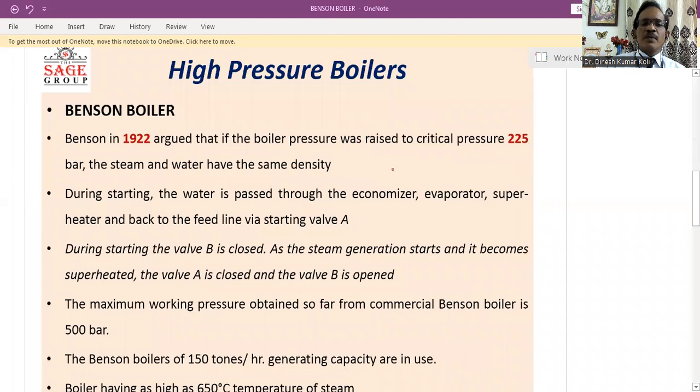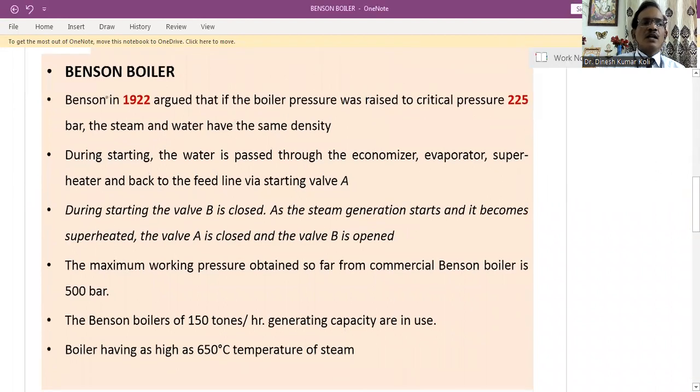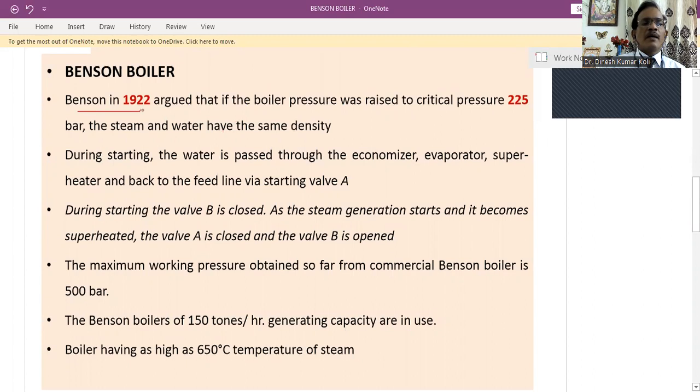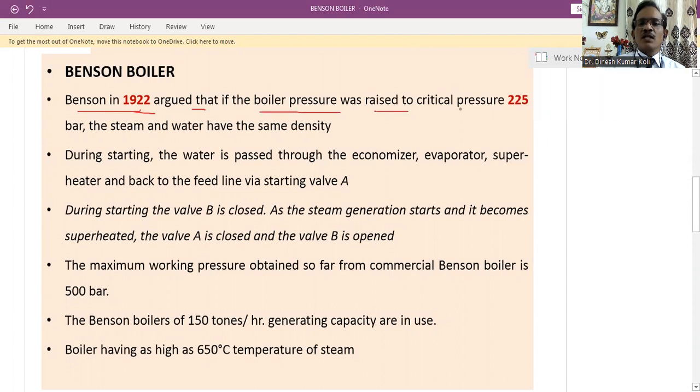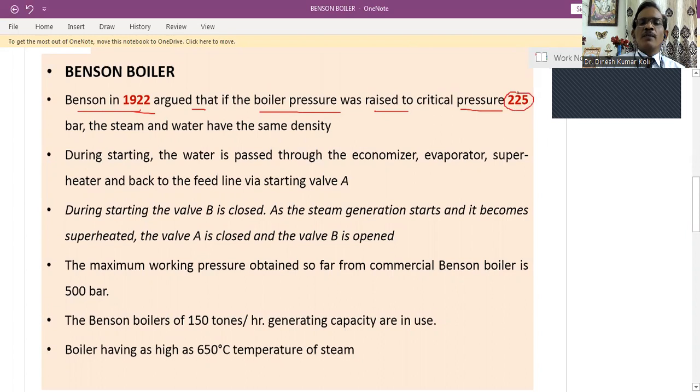Now it has some features. In 1922, Benson argued that if the boiler pressure was raised to the critical pressure, which is 225 bar, then steam and water have the same density.